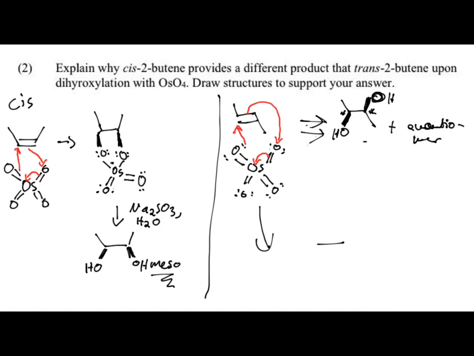Now we have to do a ring. It's actually harder to draw because it's a ring. But let me draw it, okay? So it comes from the front, like this, all right? And now this is pointing up.